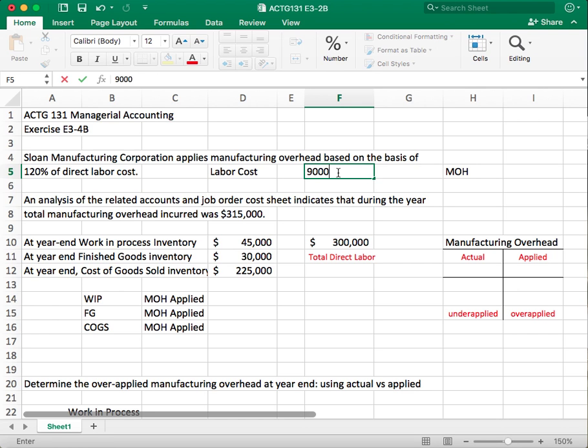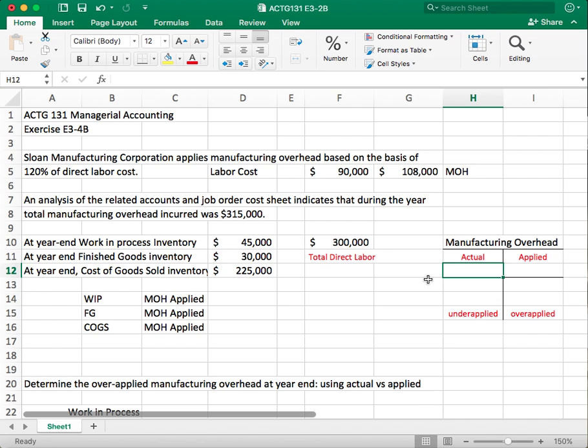If labor costs were $90,000, we could calculate an estimate, or an applied manufacturing overhead, by multiplying $90,000 by 120%. So in this hypothetical, labor cost is $90,000 and manufacturing overhead applied, or estimated, based on the labor cost would be $108,000. So how would that work in this problem?